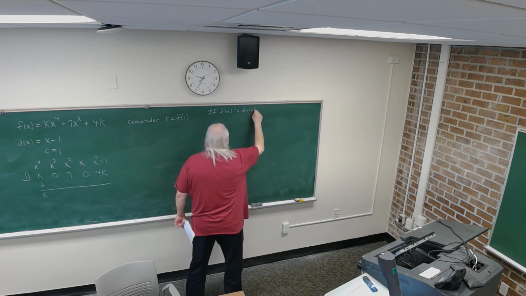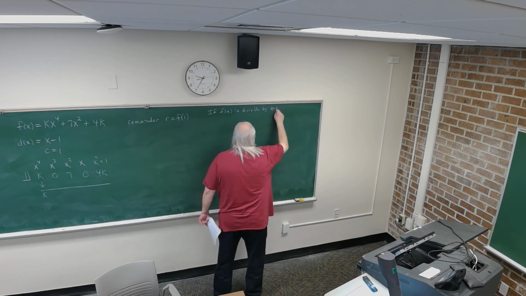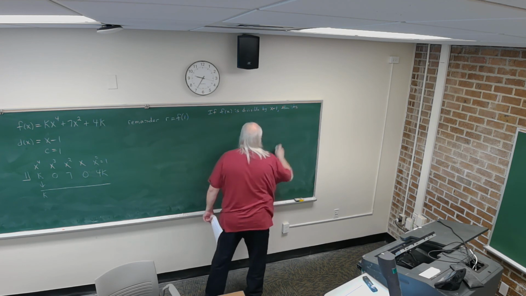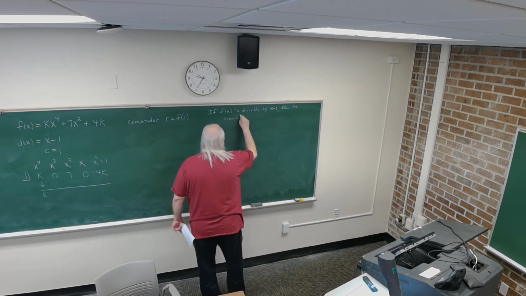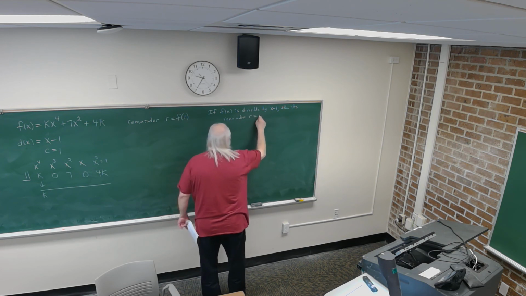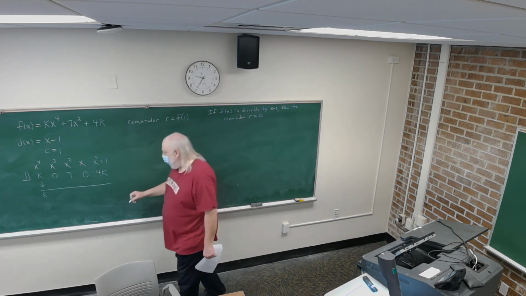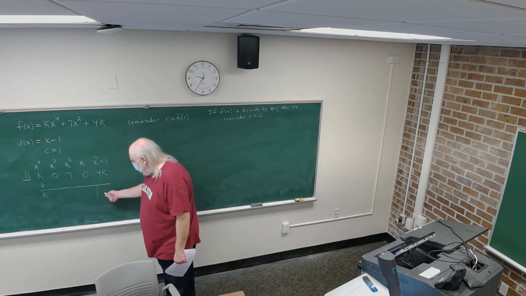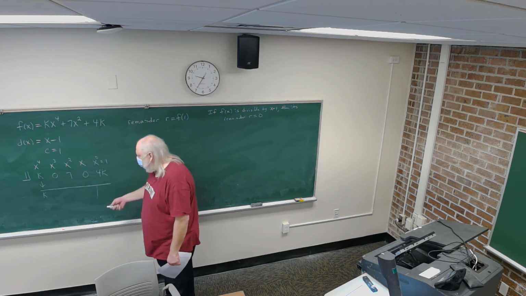So when you do the synthetic division, you get your remainder r in terms of the constant k, and you have to set the remainder equal to 0 and solve for k.